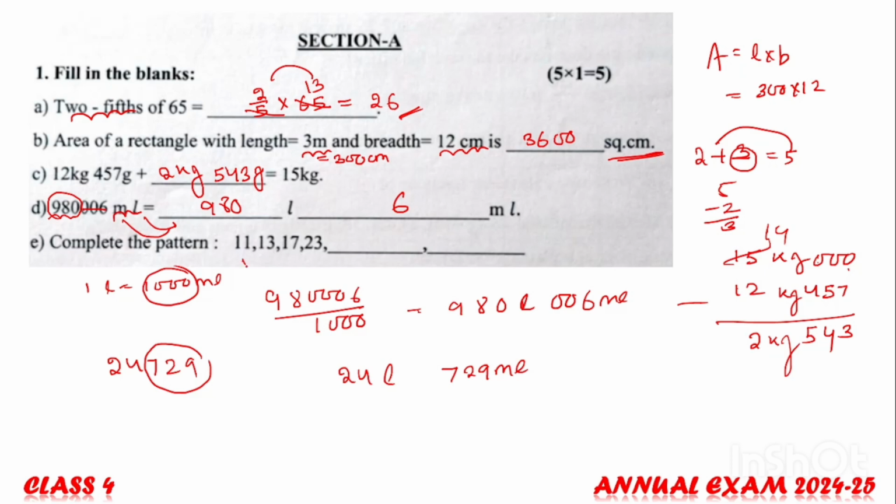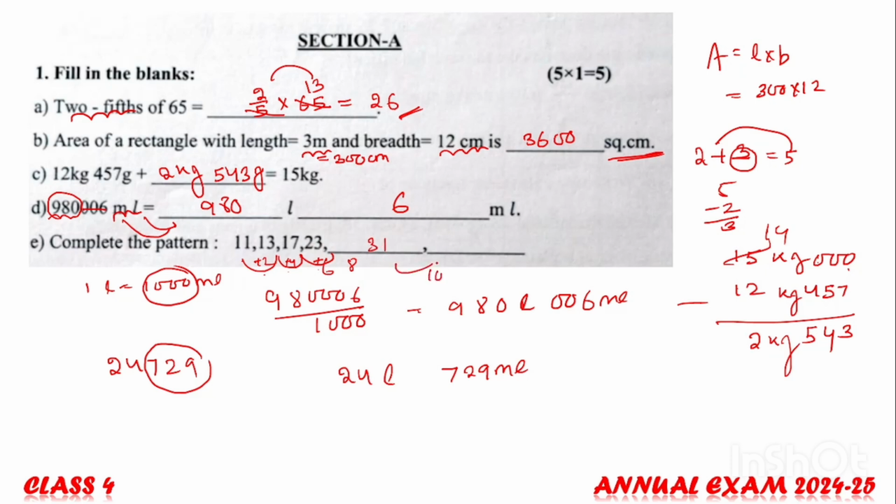Now complete the pattern. So 11 plus 2, that is 13. 13 plus 4 equal to 17. 17 plus 6, that is 23. Now 2, 4, 6, now 8. So add 8, 23 plus 8 is 31.